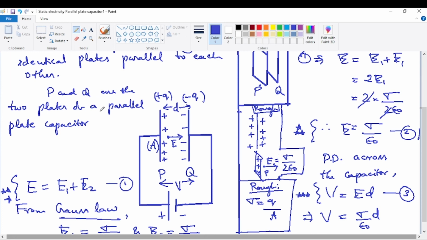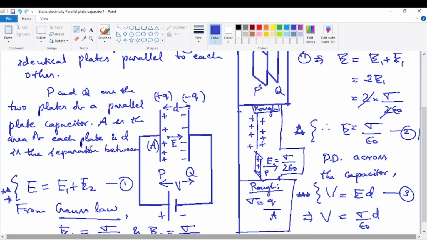So P and Q are two plates of a parallel plate capacitor. A is the area of each plate, and D is the separation, that means the distance between the plates.